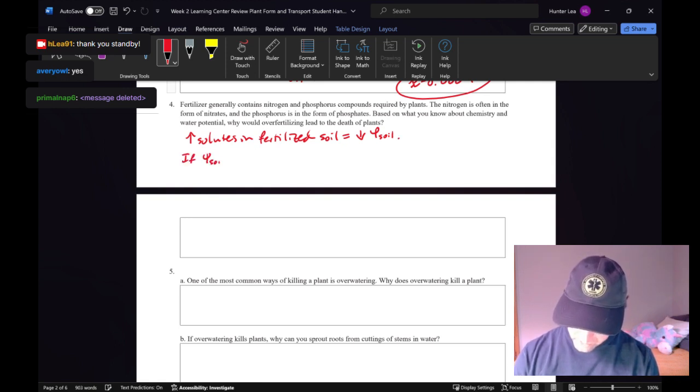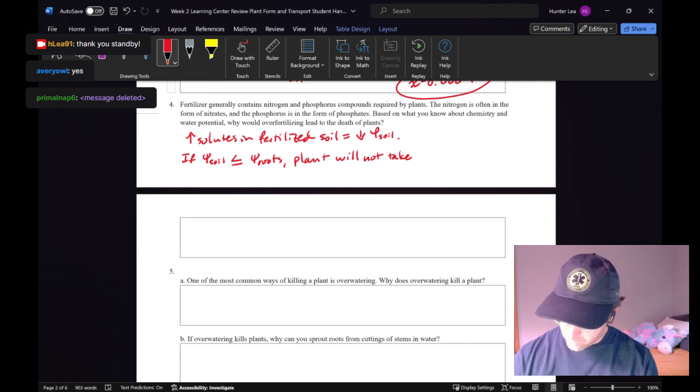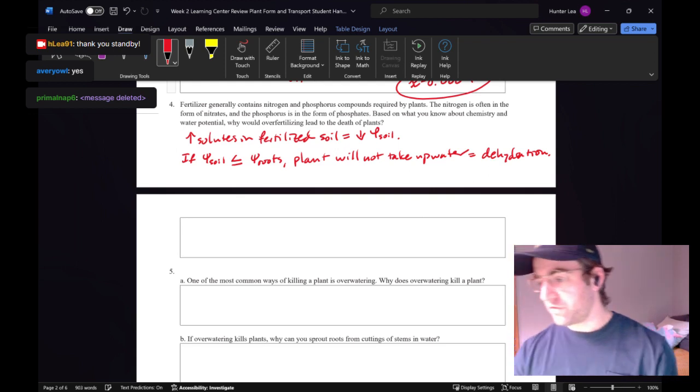If water potential of the soil is less than or equal to water potential of the roots, the plant won't take up water, which results in dehydration of the plant.